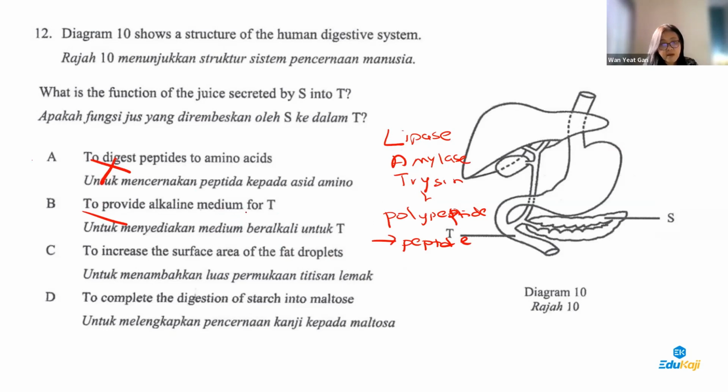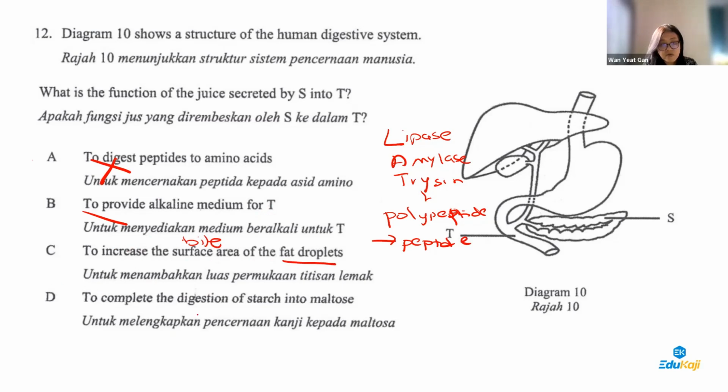B, to provide alkaline medium for T. This is not the answer. C, to increase the surface area for fat droplets. This is the function of bile, and the pancreas does not produce bile.